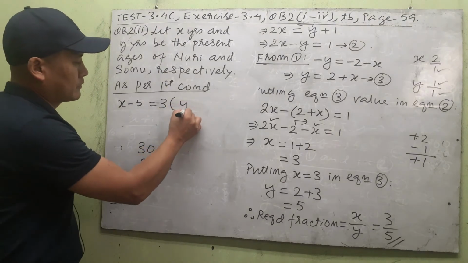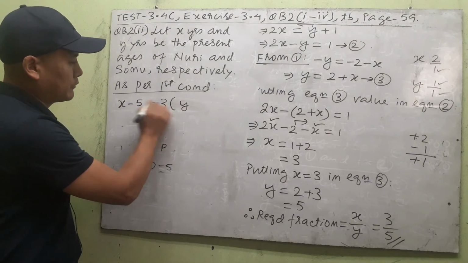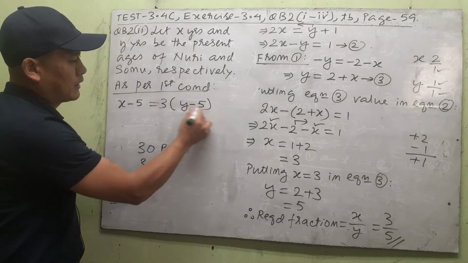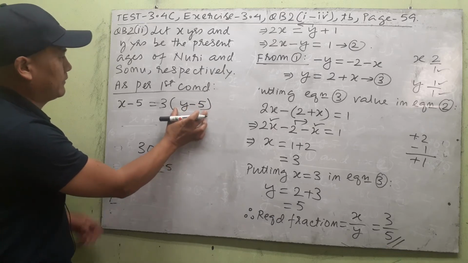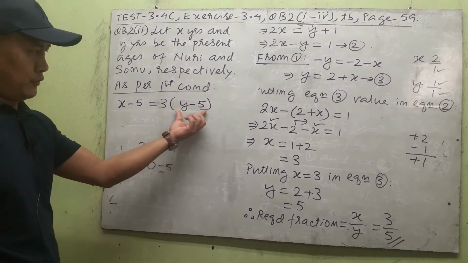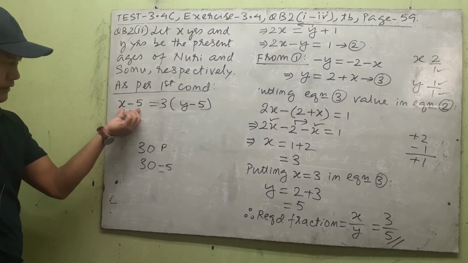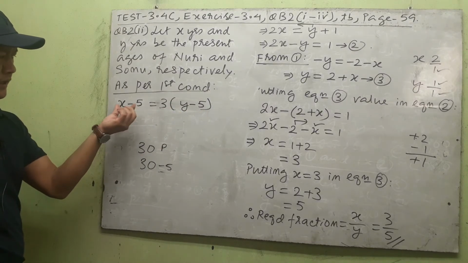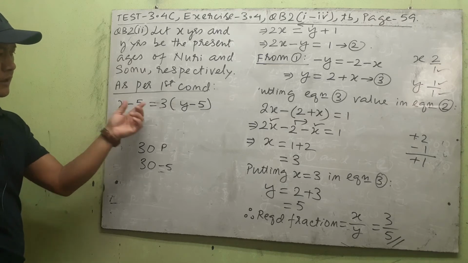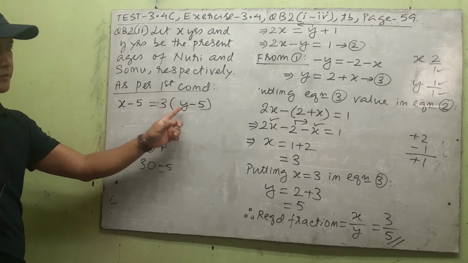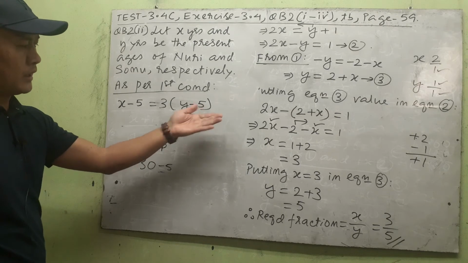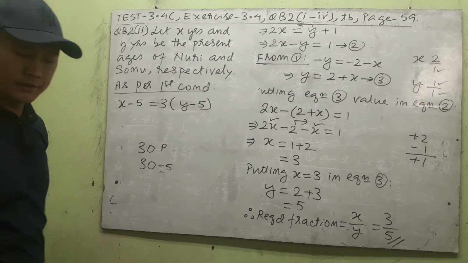Now Sonu is y, so 5 years ago likewise he will be y minus 5. This is the age of Sonu 5 years ago. So the age of Nuri 5 years ago was 3 times, means 3 multiplied by the age of Sonu 5 years ago. So this is the first condition.